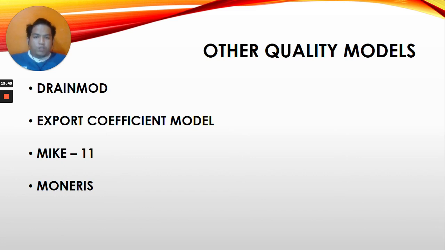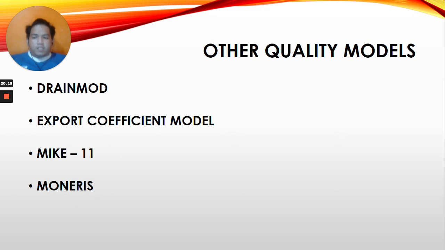Next one is the Mike 11. The Mike 11 is a one-dimensional hydrodynamic model that simulates the dynamic water movements in a river. It requires large amounts of data and remains a deterministic model. So that's about Mike 11.